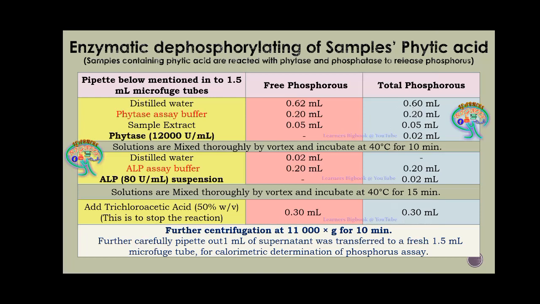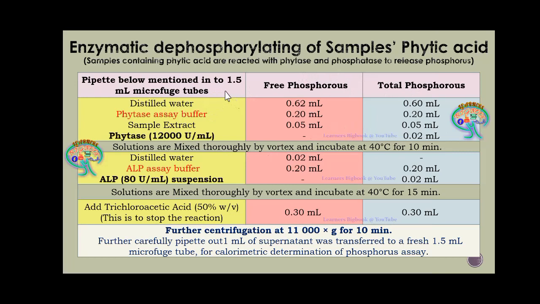That is the sum of both the free phosphorus and the inorganic phosphorus associated with the phytic acid. I will tell you the need for doing both during the tabulation. Now here, how the dephosphorylation is going to unfold.